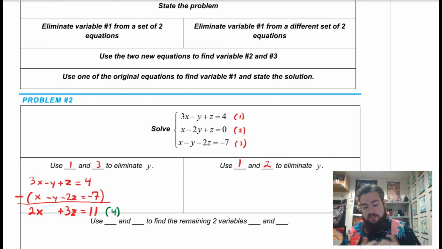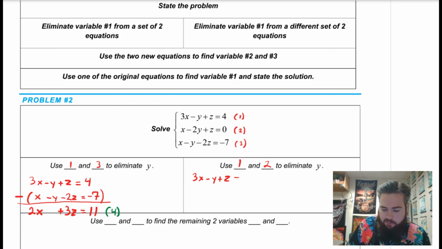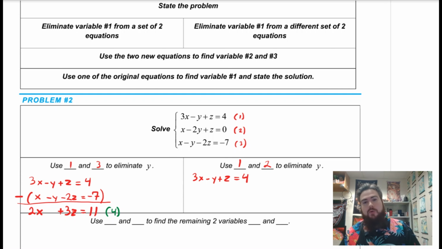If I take that first equation of 3x minus y plus z equal to 4, unfortunately that will not combine very nicely with that second equation to eliminate y. I can't add them together or subtract them like I did in the first case to eliminate the y term. But if I multiply one of those equations by a constant term, I can get a new version of that equation that can combine with the other one.